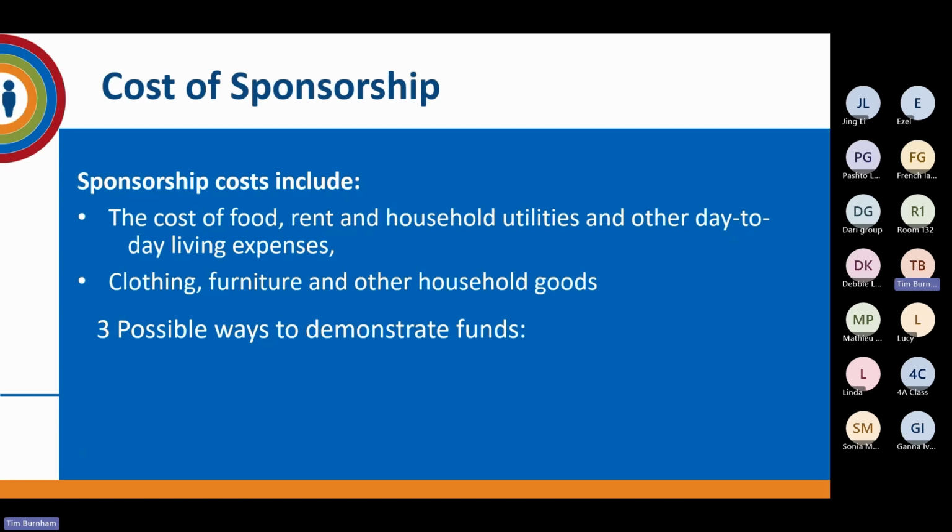The costs that sponsors have to cover include the cost of food, rent, household utilities, and other day-to-day living expenses for the first year of the sponsorship. It also includes their clothing, furniture, and any other household goods that they need when they arrive in Canada.